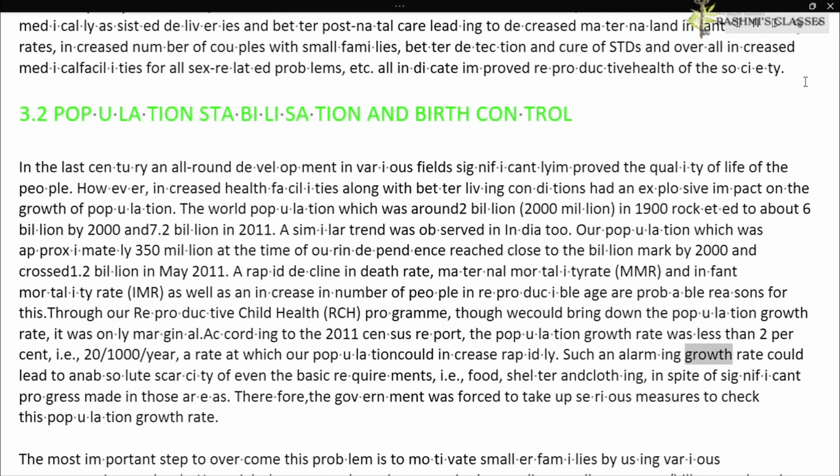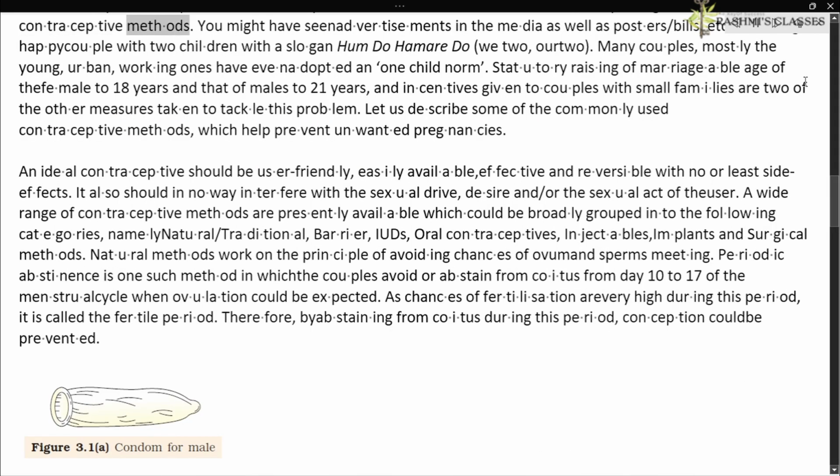Such an alarming growth rate could lead to an absolute scarcity of even the basic requirements, i.e., food, shelter and clothing, in spite of significant progress made in those areas. Therefore, the government was forced to take up serious measures to check this population growth rate. The most important step to overcome this problem is to motivate smaller families by using various contraceptive methods.